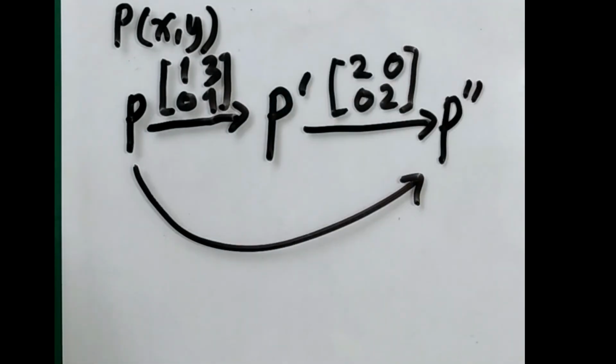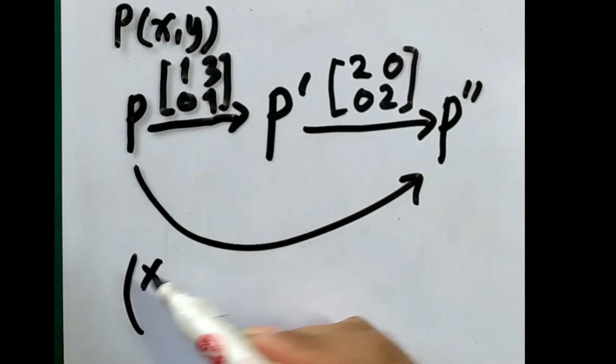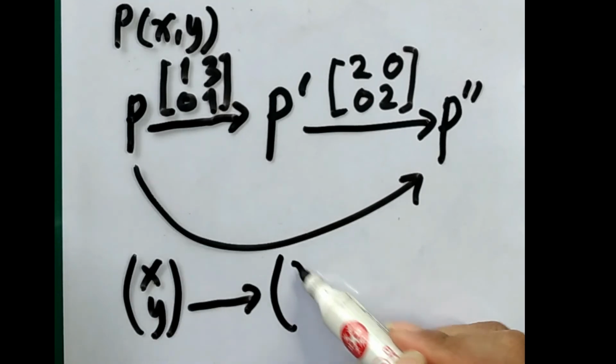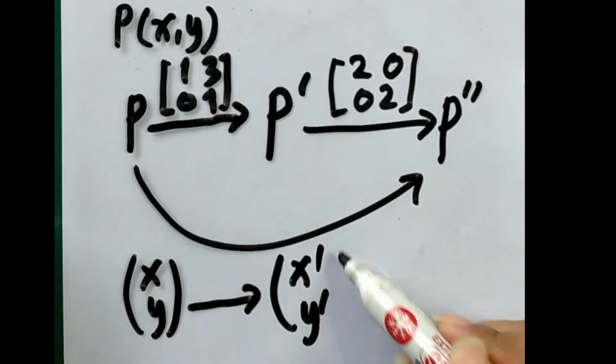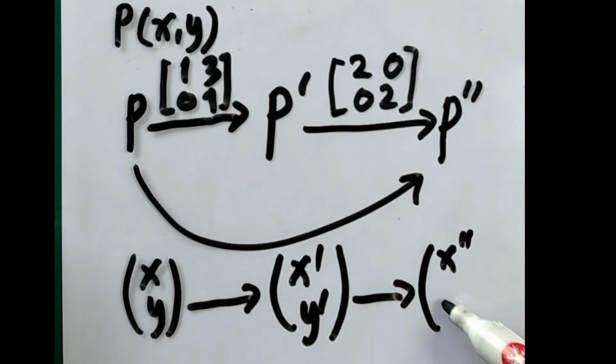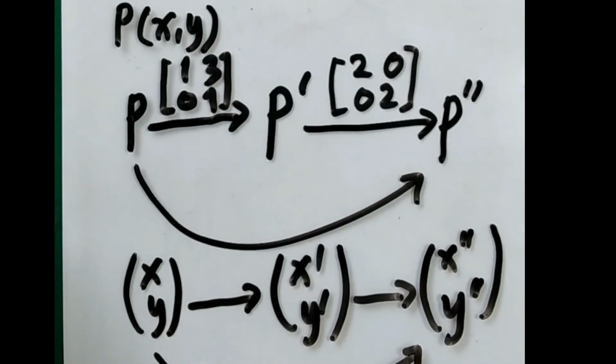On the other hand, if we use the coordinates, x, y transforms to x accent, y accent, which transforms to x double accent, y double accent. We're going to find the single matrix that transforms x, y to x double accent, y double accent by one matrix.